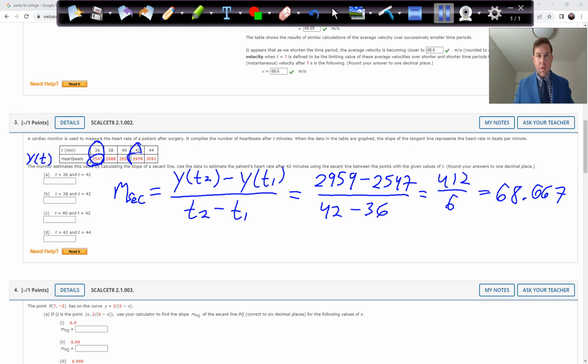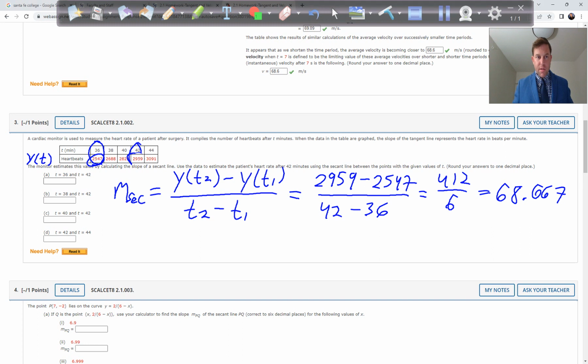And we're going to get 412 heartbeats on top, divided by 6 minutes on the bottom. So we're going to have an average heart rate in between those two time frames of about 68 beats per minute. Okay, and they want us to round to 1 decimal place, so we will call this 68.7.